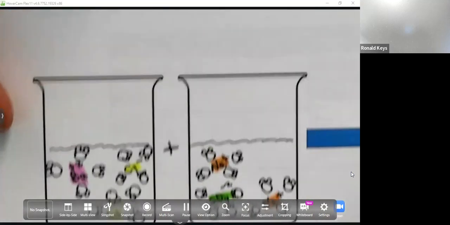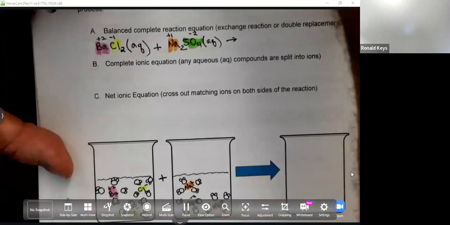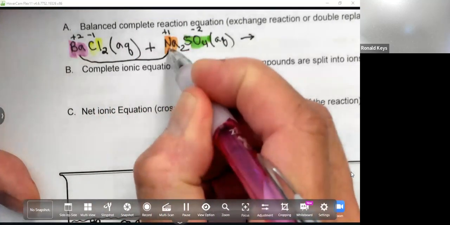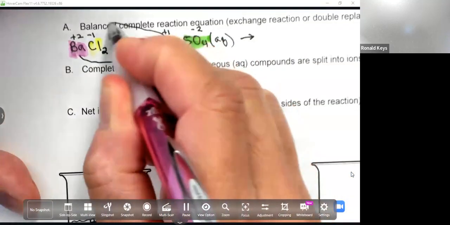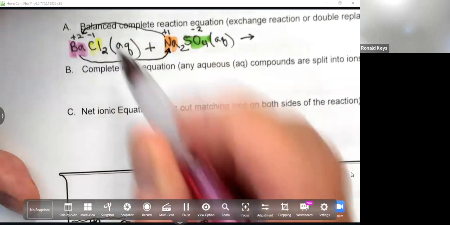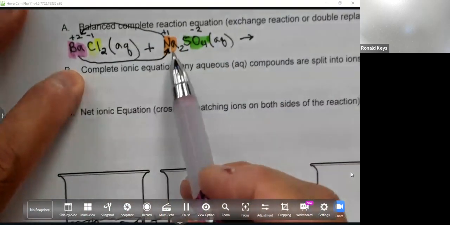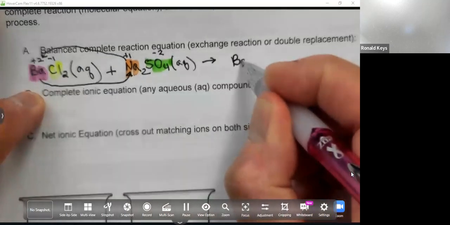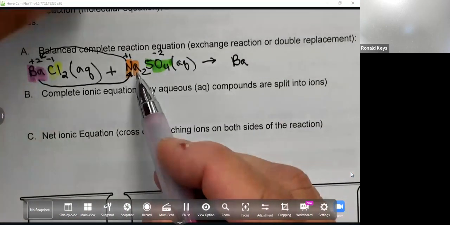So that's why what we do here is we exchange the positives. So barium is going to take the place of sodium. So now I'm going to have barium, where sodium is.